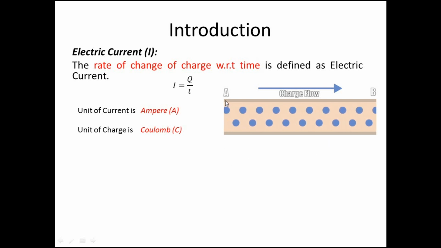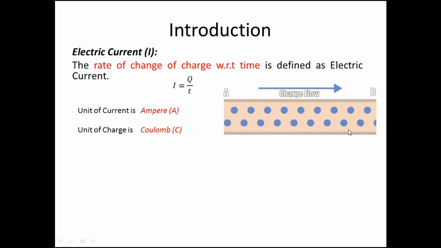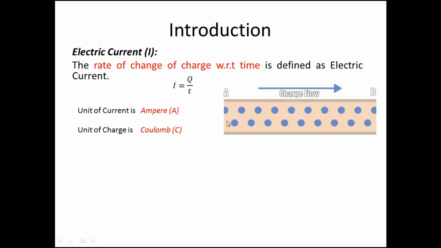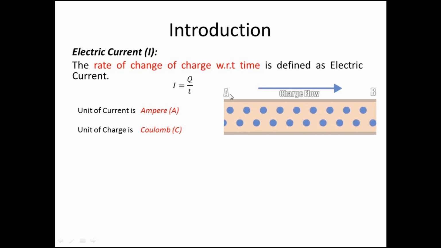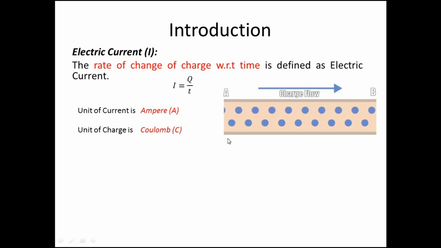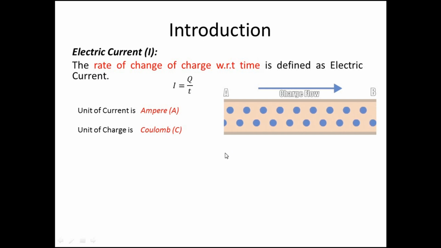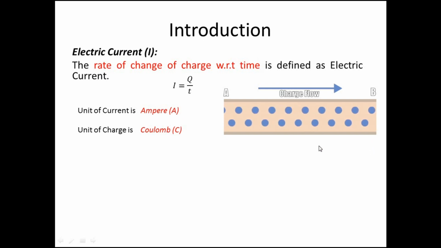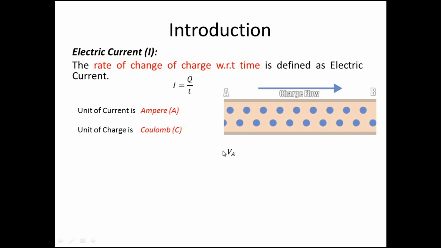In order for this charge transfer from point A to B to happen, there should be an energy difference. We know that matter will get transferred only if there is an energy difference. This means that in order for charge to flow from A to B, the electric potential energy at point A should be higher than at point B. Let the electric potential at A be VA and at point B be VB.